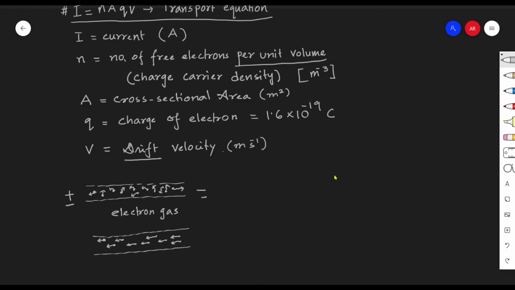Some electrons still have a slightly different direction, but the resultant motion of the electrons is towards the positive end from the negative end. Initially they had a random motion, free to move in any direction, and now the majority of the electrons move in a particular direction, from negative to positive. This is what we call drifted.